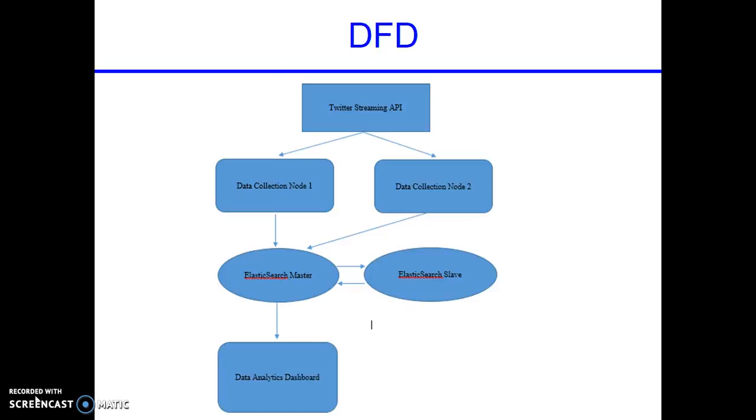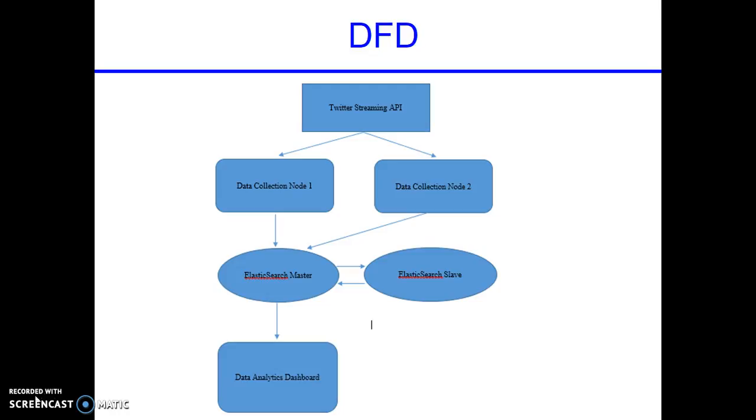Now this is the DFD, where we show how the data flow happens on the platform. Considering the Twitter API on the top, from where the data originates, it goes to the different data collection nodes depending on how many parallel projects you have running.